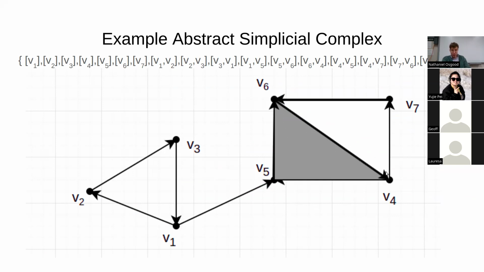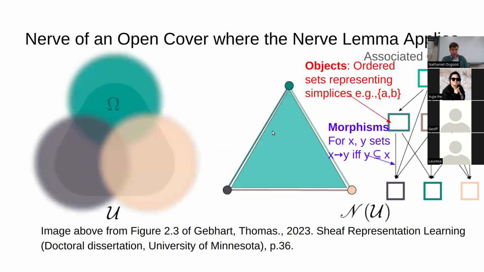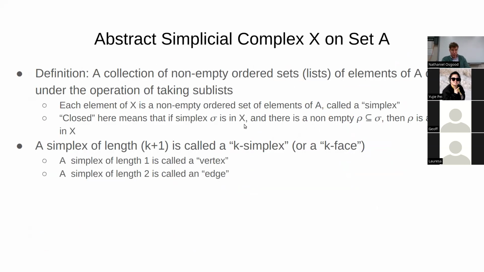So it's a subset of the vertices of V4, V5, V6. So if we consider V4, V5, that has to be part of it. And indeed, here it is. Same thing with V5, V6. That also has to be a simplex here. Moreover, if we go down 2 dimensions, V4 has to be a simplex, right? And so on. So we have this characteristic of closure.